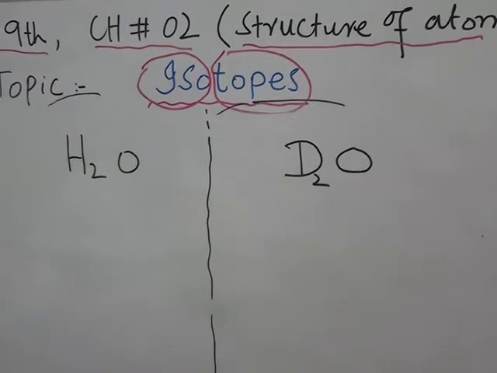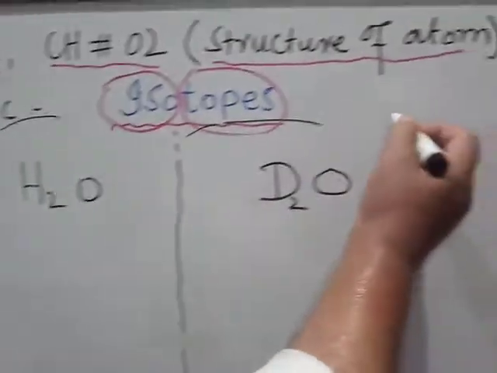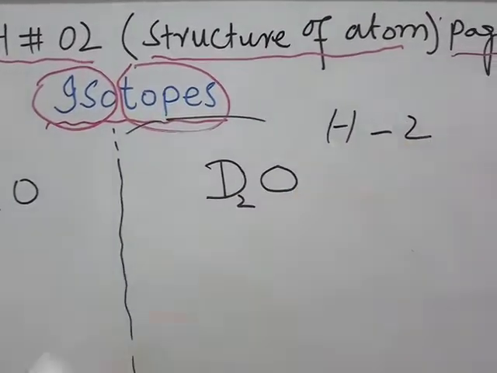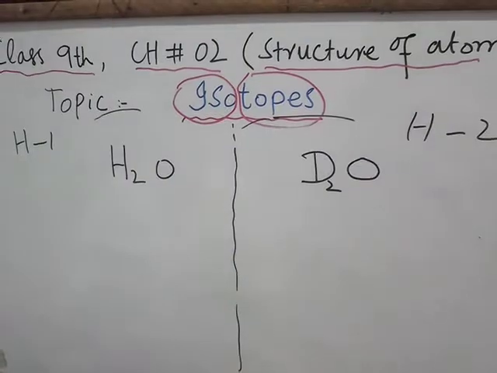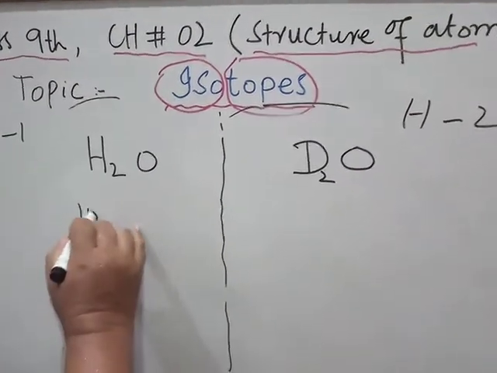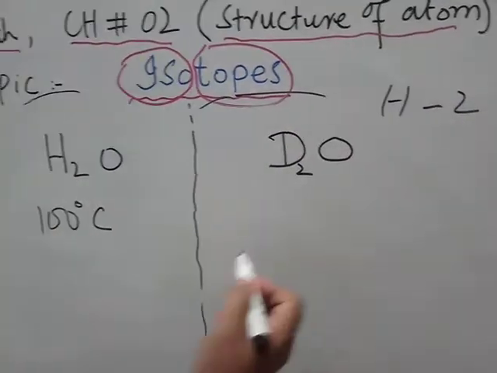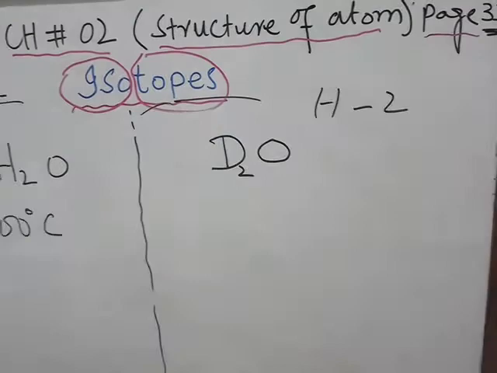Protium is normally written as H1 in your book, while deuterium is normally written as H2, but it is also represented by D. You know, the boiling point of water is 100 degrees C, while the boiling point of this is something greater than 100 degrees C. Let me write it.